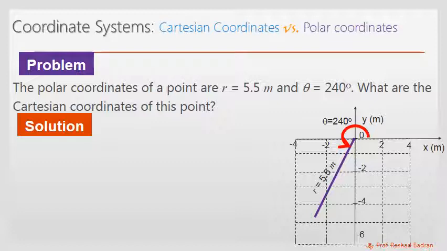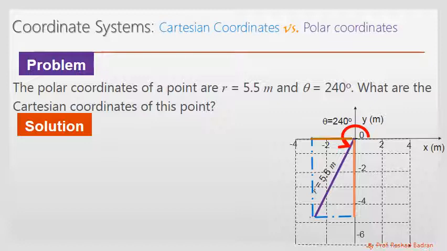From the end of the length of r, if we draw a line projected on the x-axis, we will get the x coordinate. Now from the same end of the length of r, if we draw another line perpendicular to the y-axis, we will get the y coordinate.